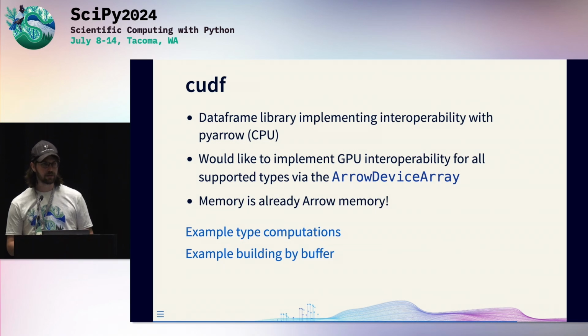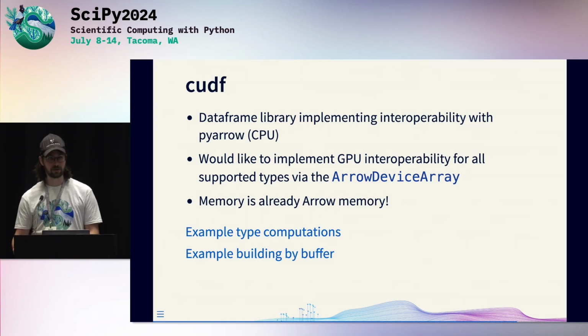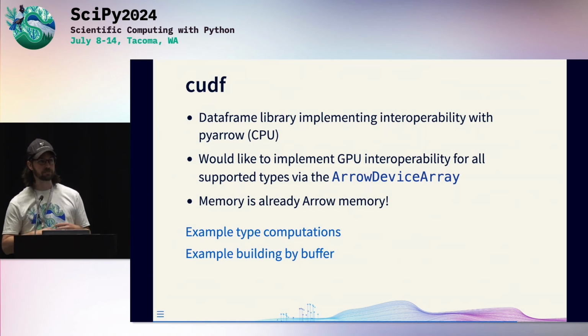And finally, in cuDF, they implement every type. So they have an incredibly wide, incredibly rich type system. They're trying to get everything in, and they're trying to get everything out. And so they have to do a lot of type things. They have to inspect types, map some types in Arrow to some types in there. And they're incredibly committed to getting these in and out incredibly fast.